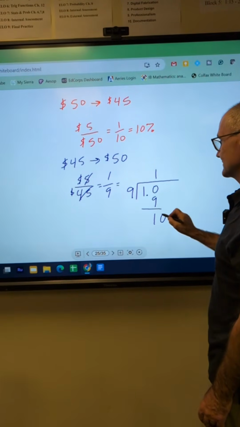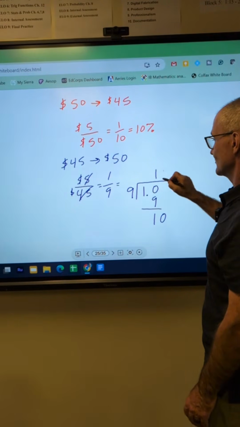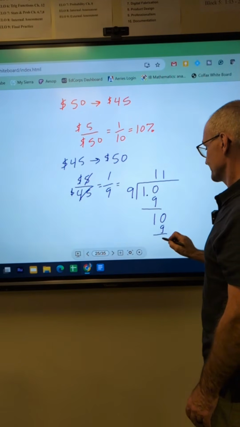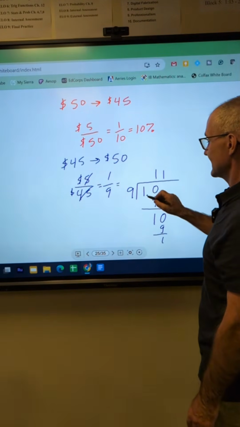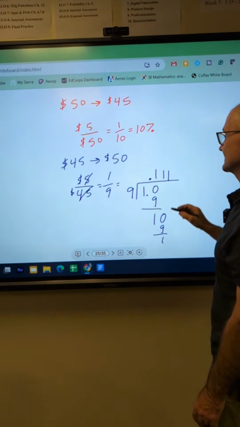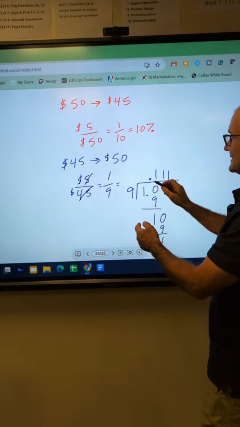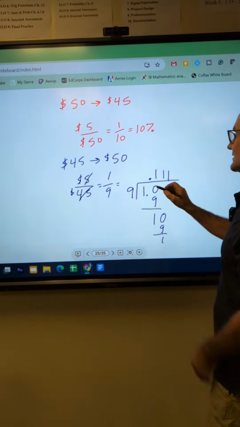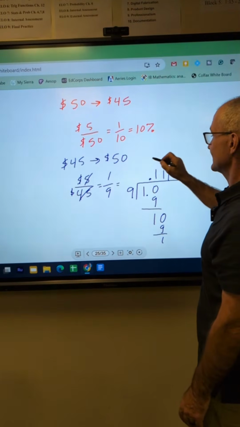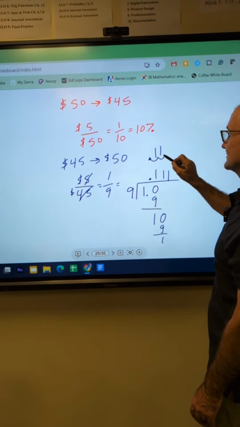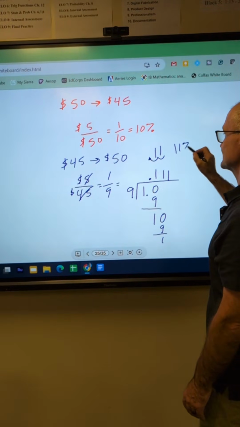Bring down the 0. 9 goes into 10 1 time. Bring down the 0, and it's going to keep going like that. It's just going to be 0.11 repeating. So now I have it as a decimal. I'm just going to stop at 0.11. To go back to a percent, I move the decimal over 1, 2, and that gives me 11%.